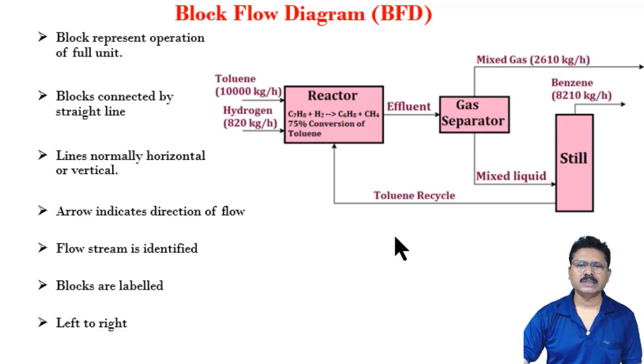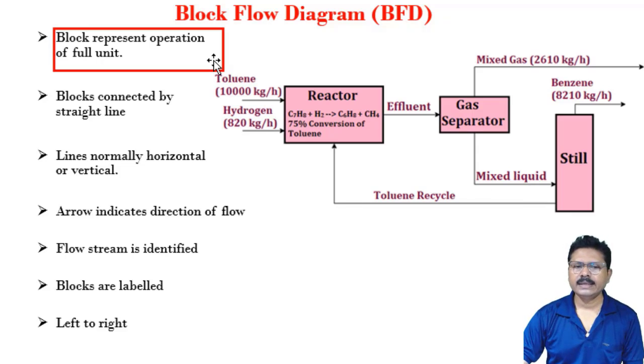Now this operation is described here by blocks only. This is one block, there is another block, there is another block. So what are the features of this block flow diagram? The blocks or rectangles are used to represent the operation of a full unit. Unit operations such as mixers, separators, reactors, distillation columns and heat exchangers are usually denoted by a simple block or rectangle.